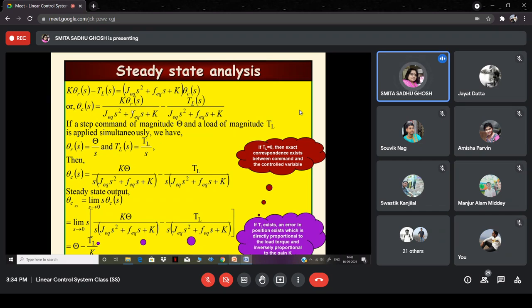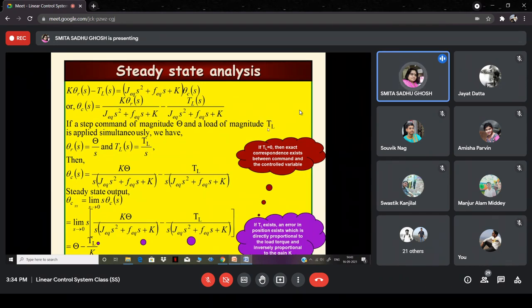The first of which is that we are going to consider that both the desirable input, that is the reference input, and the disturbance torque, both of them are steps with respective magnitudes. So we consider that the magnitude of the reference input is capital Theta, and the magnitude of the load or disturbance torque is T_L.